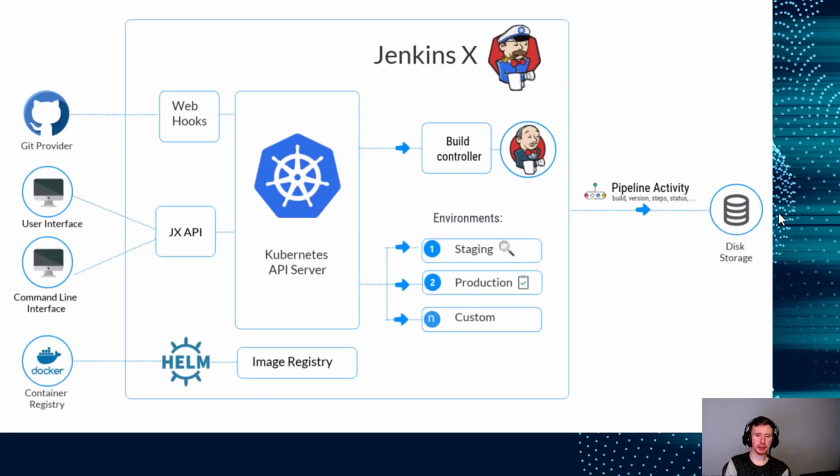And on the left-hand side, which is quite cool, is the data, the information around all your builds and all your deployments. It's all stored in data, so the user interface is no longer coupled to that, and therefore right now you can go to Google and type in Jenkins X user interface, and you'll see different custom built user interfaces that people have made.